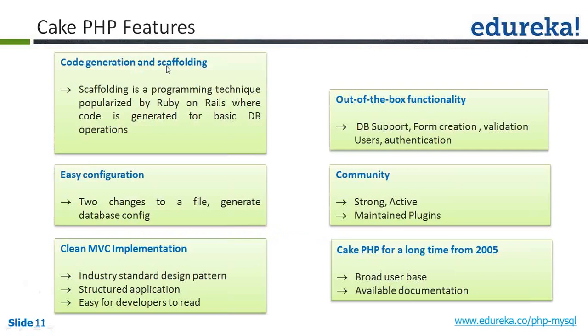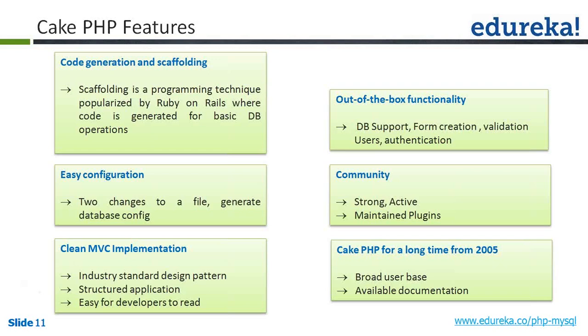Then code generation and scaffolding. It's a term which comes from Ruby on Rails, another MVC framework. Scaffolding is a programming technique popularized by Ruby on Rails, where code is generated for basic database operations. We are not going to write any code. Normally, if you want to work with any database, you have to write SQL.